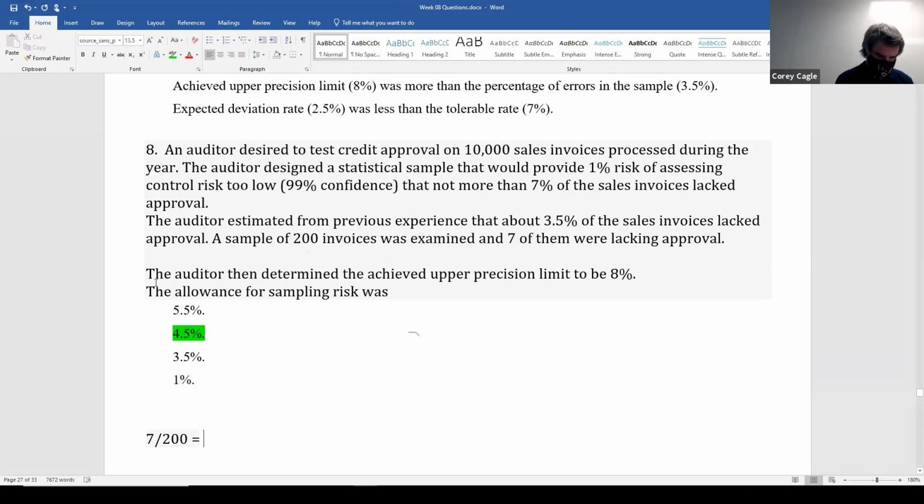So 7 over 200 equals 3.5% sample deviation rate, plus whatever sampling risk, that's what we're looking for, equals that 8%.